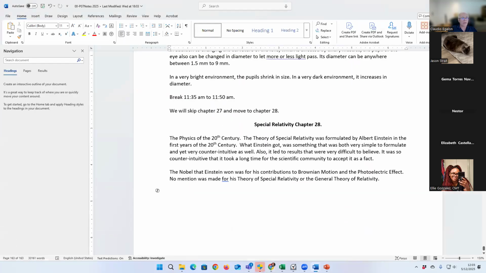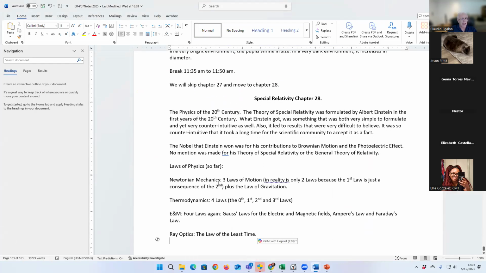Okay, so let's go back here, right? Let's talk about Einstein. He came up with two laws for his special theory of relativity. And let's talk about the laws that we have seen so far, right? In Newtonian mechanics, we have three laws of motion. In reality, it's only two laws because the first law is just a consequence of the second one, right?